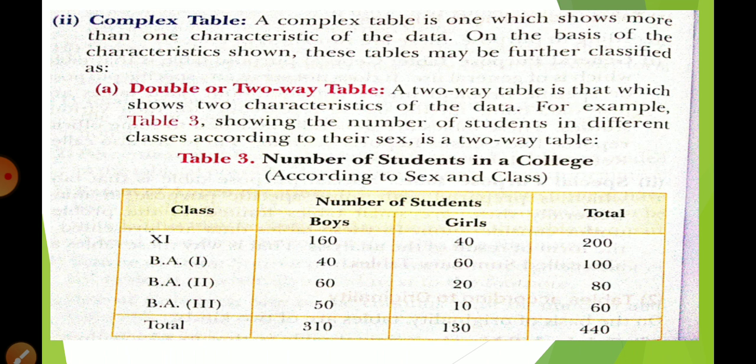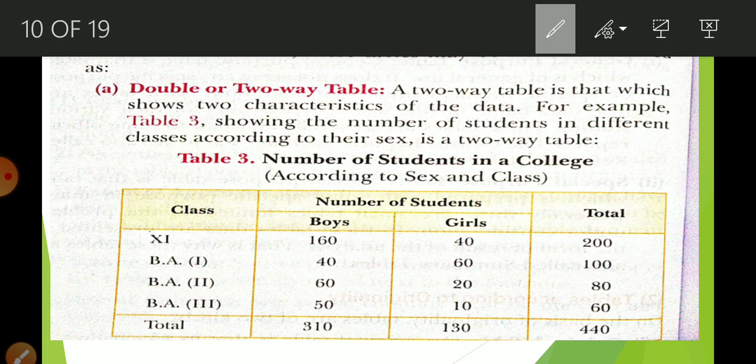Next is the complex table. In the complex table, first of all we discuss the double or two-way table. Two-way means it is going to show two characteristics. Here we represent the number of students in a college on the basis of sex and on the basis of class.